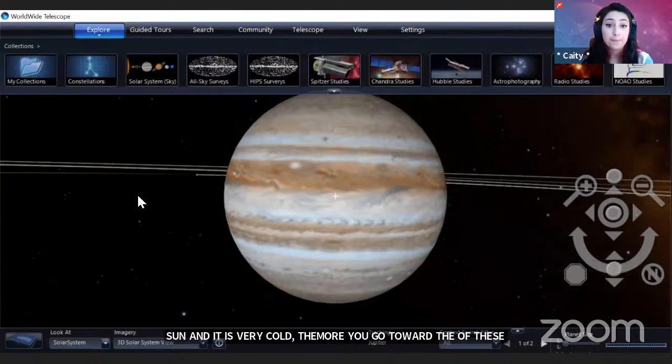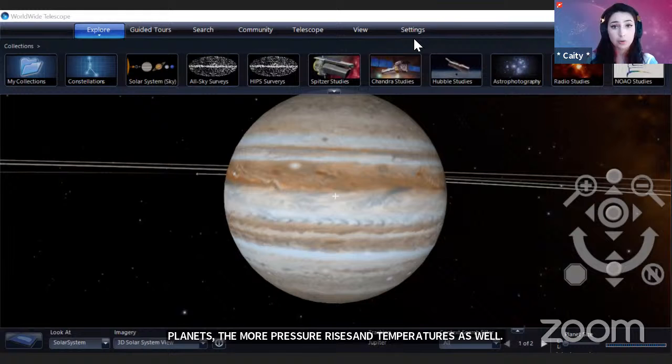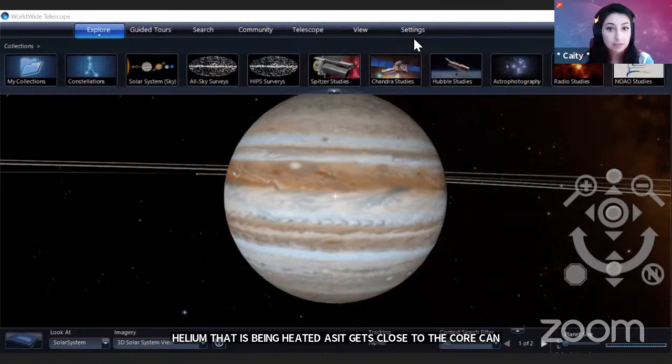So helium that's being heated as it gets close to the core can generate a convection, similar to the Earth and Mercury. And so that is believed to be the source of the magnetic fields around Jupiter and Saturn.